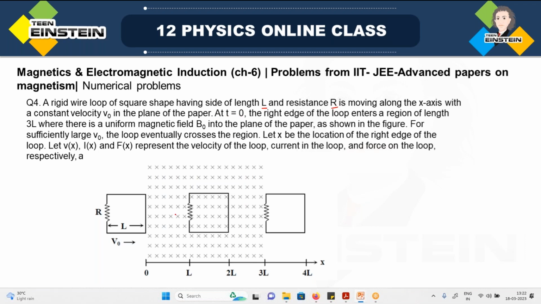At t is equal to 0, you can see here this is the x direction and this is the position.